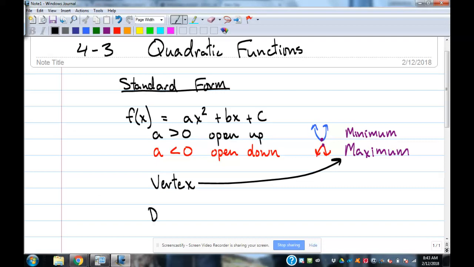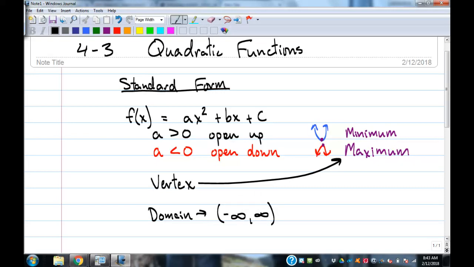The domain of quadratics, unless you're dealing with some sort of word problem situation where you can't have negative x values or something like that, is typically negative infinity to positive infinity, all real numbers.